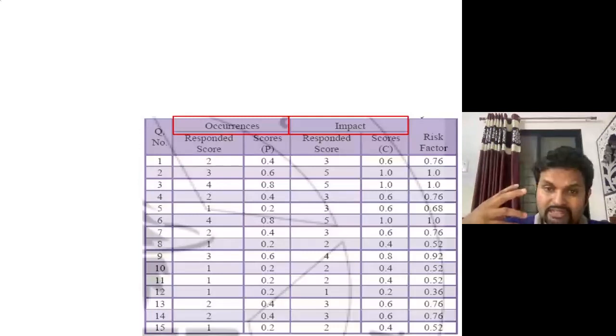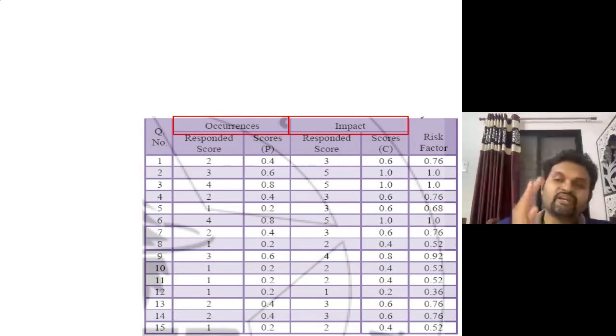Is there any controversial land? No, no. So the delay in the construction project due to delay in approvals and clearance is not that big, not 4 or 5. It may be a 1 or 2 at maximum, so the impact accordingly we can put as a 1 or 2 in that case. Now you're able to understand that is the way we are going to put the occurrence and the impact.